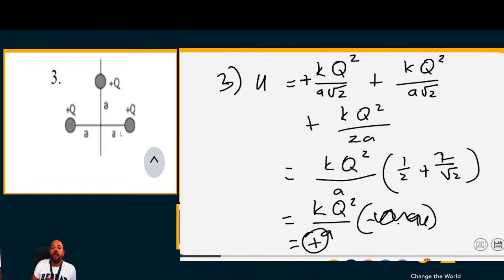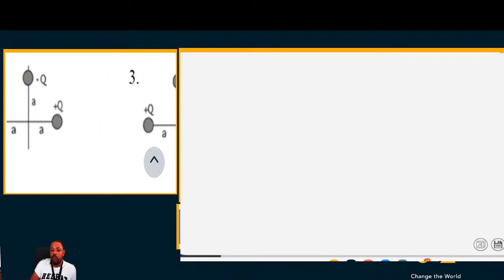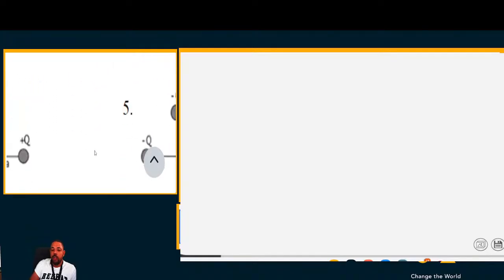Why don't I write that value down? It's because it's not going to be the lowest. The lowest so far is number 2, which is negative 0.9 times k Q squared over a. We need something lower than that, because we want the lowest of all of them. So far number 2 is the lowest.